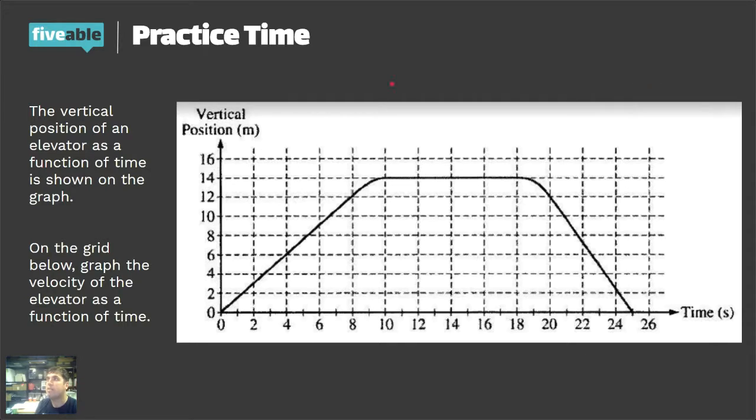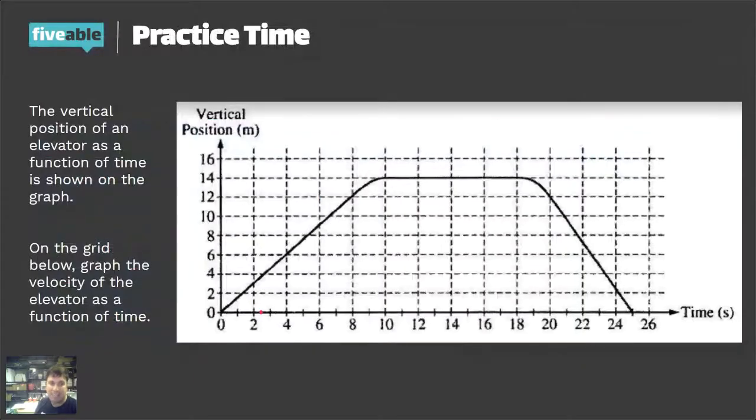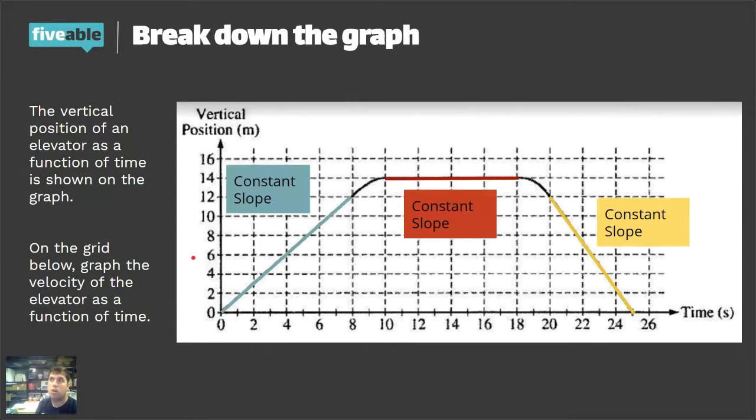That means that if I can find the slope, it tells me the average velocity, which is great because that's exactly what the question is going to ask me to do, graph the velocity as a function of time. So if I look at this, there are 3 big areas on this graph that have a constant slope.